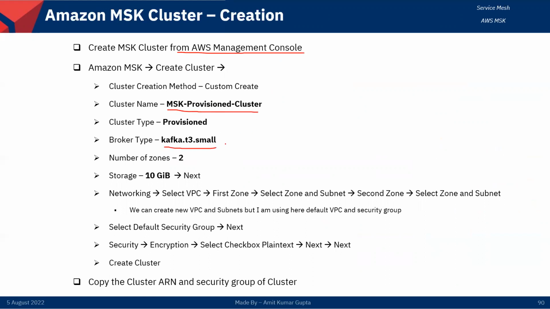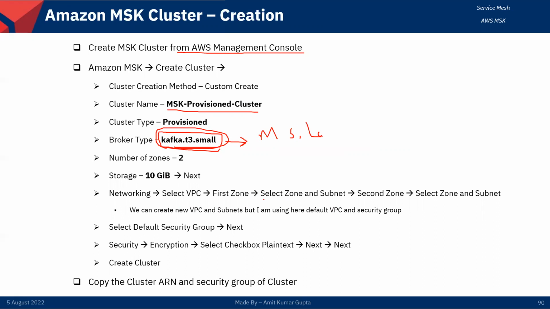I'm using broker type T3 small, but I suggest a larger instance because we need to do multiple things here, so it will take less time. So I am changing the broker type to a higher version, something like M5 large. You can try this one also. It will work properly on this instance too.